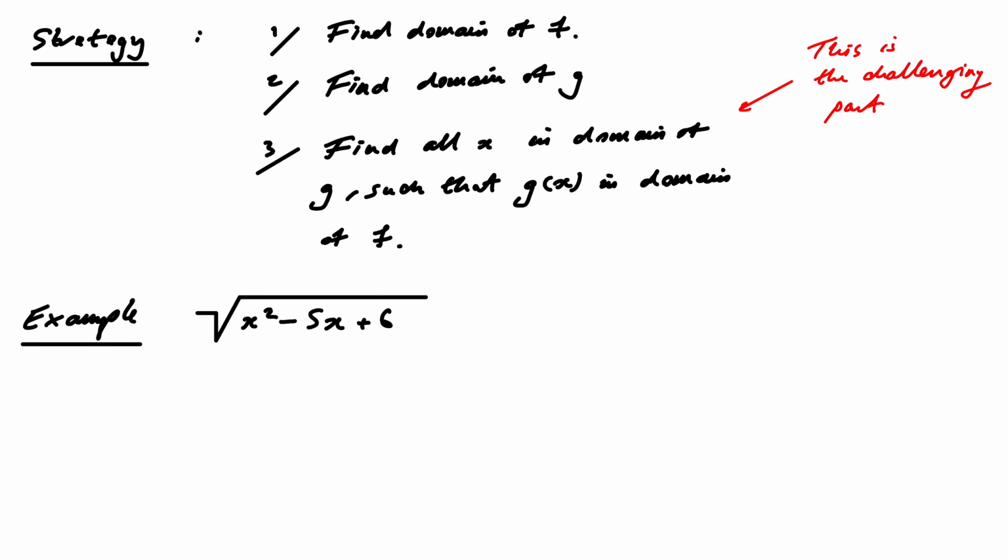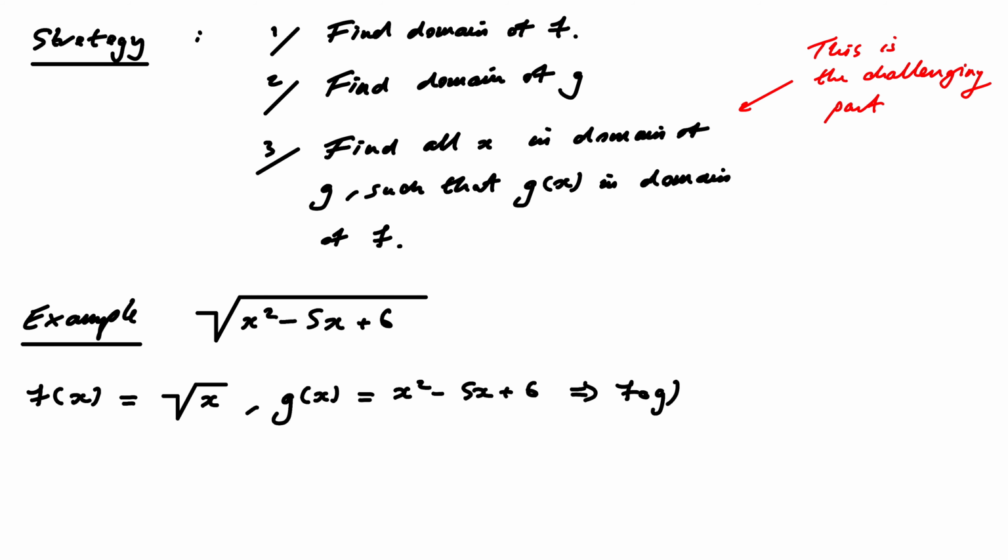You see, if I was to set f of x to be equal to the positive square root of x, and let g of x equal x squared minus 5x plus 6, well then very clearly the composite is this function. I've come up with the most simple possible way of breaking this up into a composite.